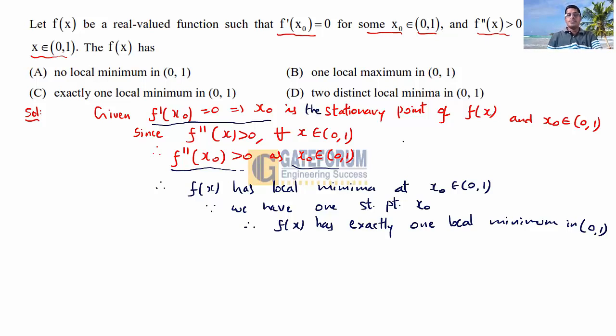And you can write some x naught belongs to 0 comma 1. That is the condition given here. So that is why we have one stationary point. So accordingly, answer is option C. This is end of the question.